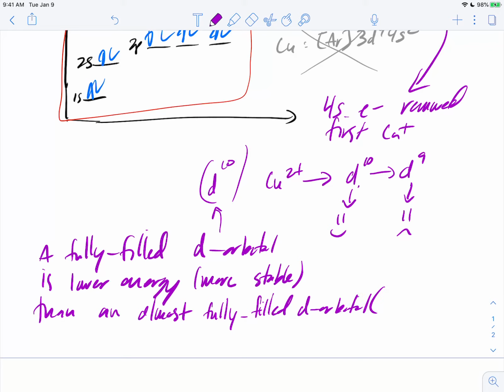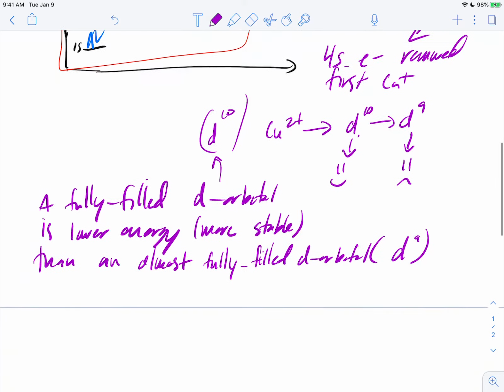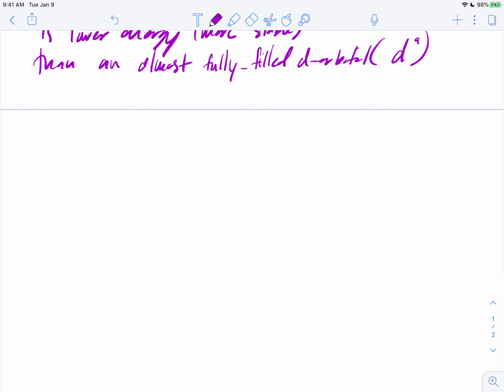So fully filled is d10, and almost fully filled would be d9. Because of that, we're going to see this trend. Now for chromium and molybdenum, we will see a very similar trend.